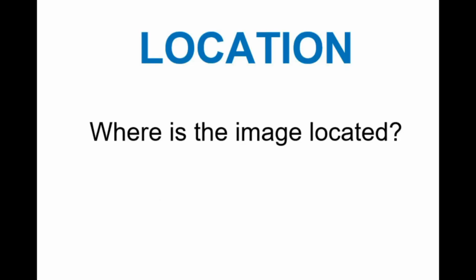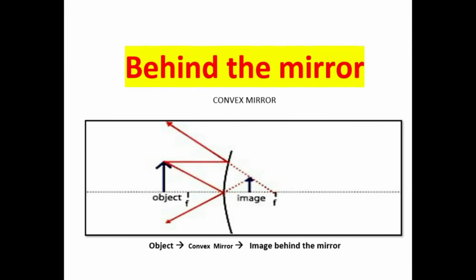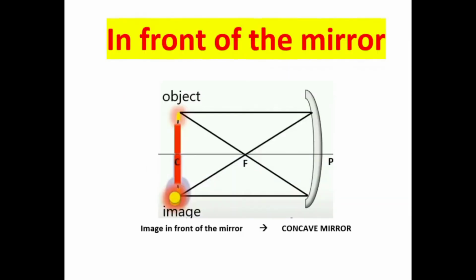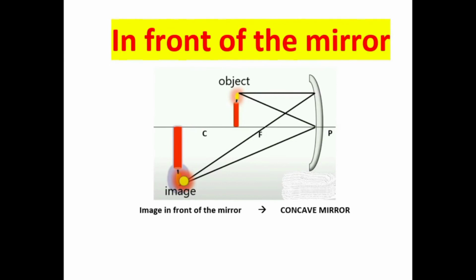Location. Where is the image located? The possible answers are behind the mirror, and or in front of the mirror. We can also use the points where they lie or are formed on the diagram.